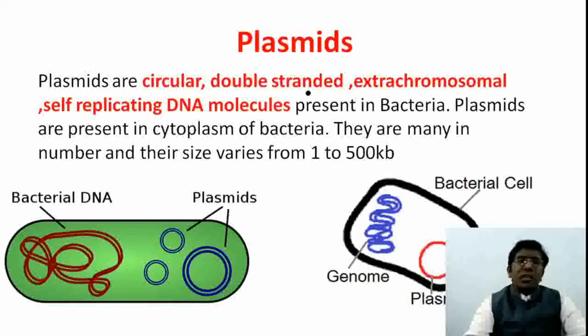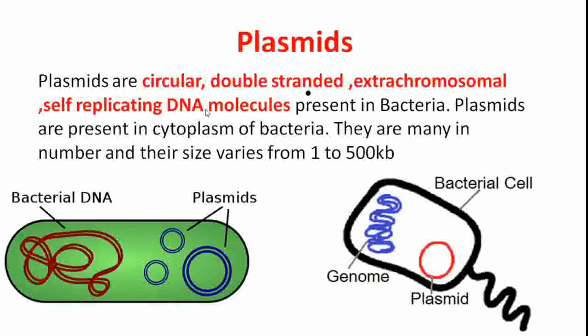The first and foremost important cloning vectors are plasmids. What are plasmids? See here in this picture you will see a bacteria. In that bacteria, this brown colored ribbon-like structure is called DNA, the bacterial DNA. And this green color is cytoplasm. In the cytoplasm of the bacteria, besides the bacterial DNA, you can see the blue colored one.